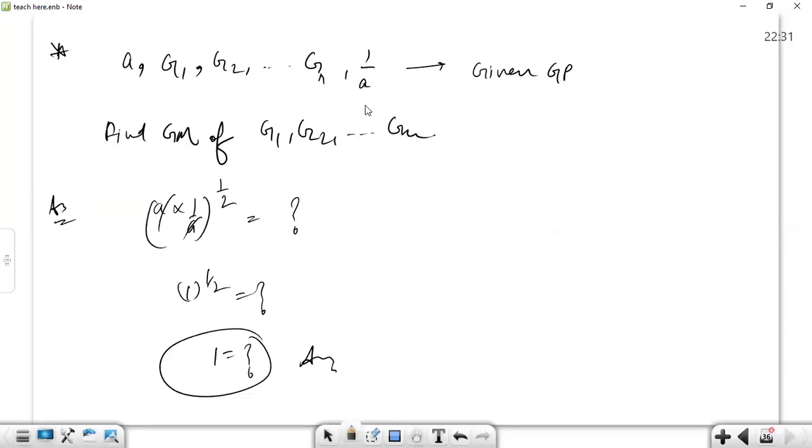The geometric mean of these two terms and the geometric mean of the remaining terms has to be equal. This is what we need to find out, and we found the geometric mean of the first and last term because their product was 1, and hence 1 raised to any power is 1 only. That's all. Clear?